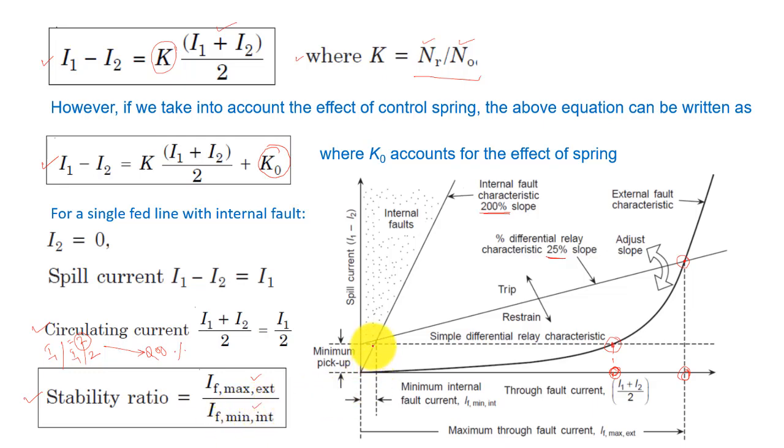IF minimum internal is not changing much; it is approximately remaining the same. Therefore IF maximum external is increasing, improving the stability ratio. So the stability of the protection scheme is improving. This is all about your differential relay.